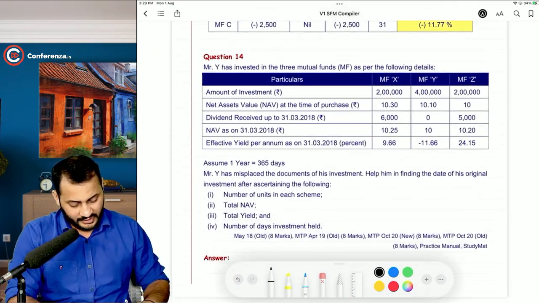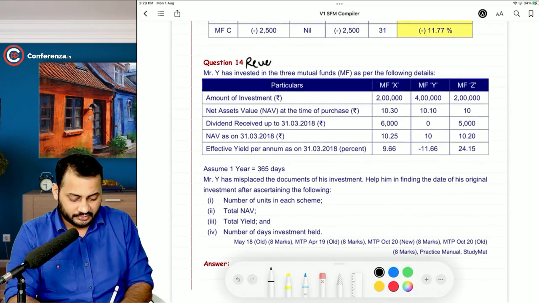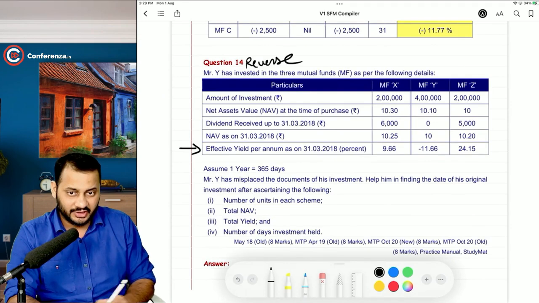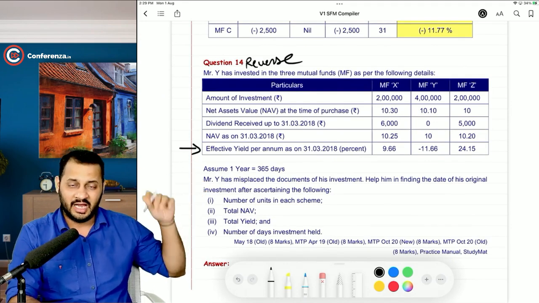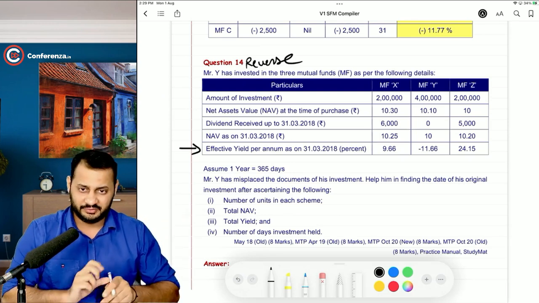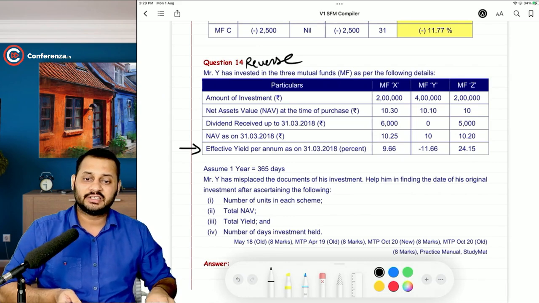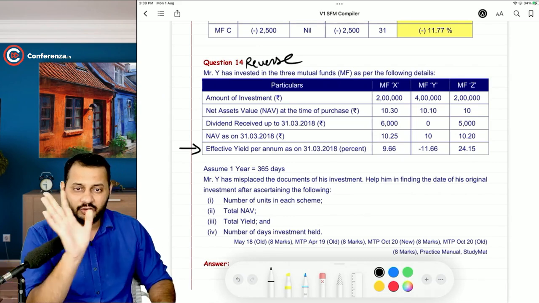Okay, now here you are going to enjoy, because this is a reverse type of question. Reverse means in this question the effective yield is already given to you and you will have to find out other things. So let's start with this question. Mr. Y has invested in 3 different mutual funds as per the following details.